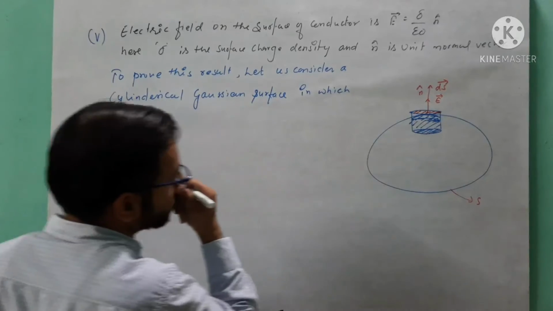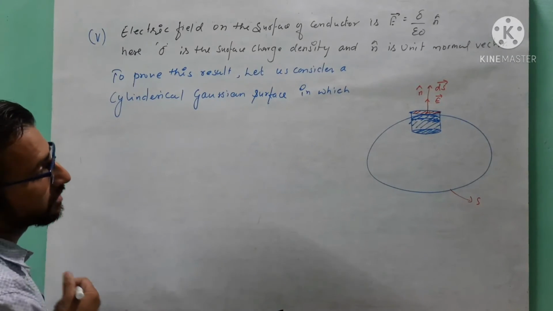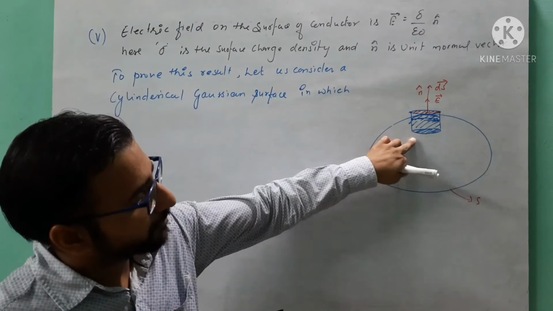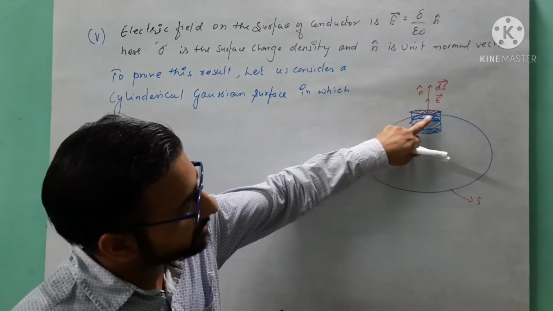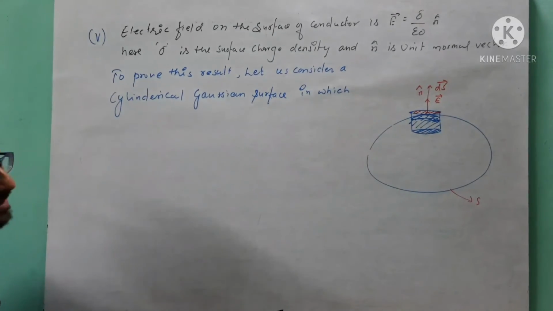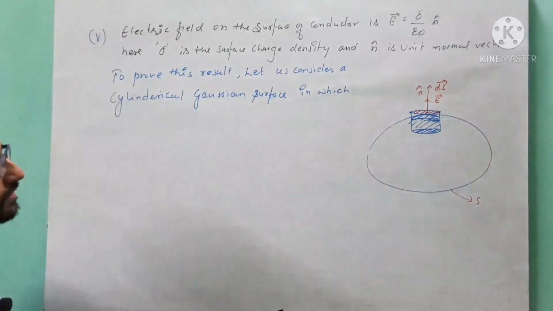Cylindrical Gaussian surface, in which we have two circular surfaces, meaning one cross-sectional area is on the surface, and the other is inside the surface. The region inside the conductor has zero electric field, we know very well.